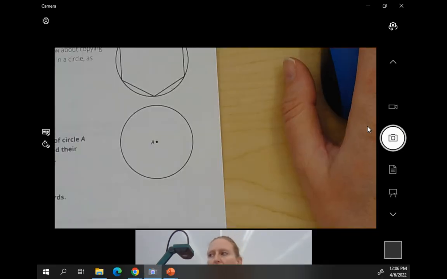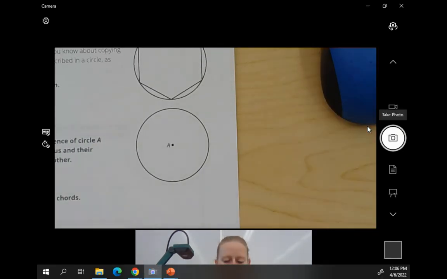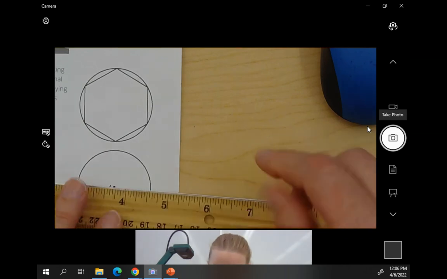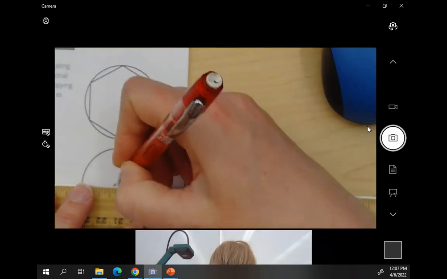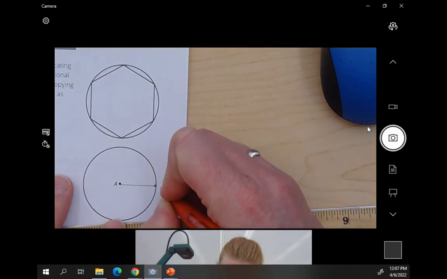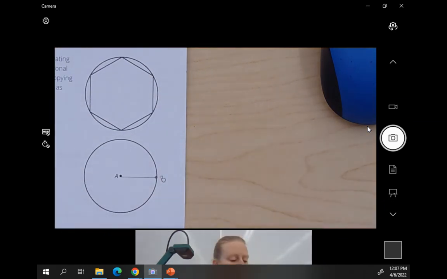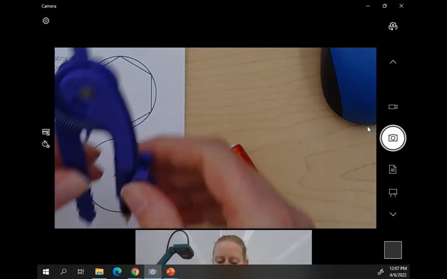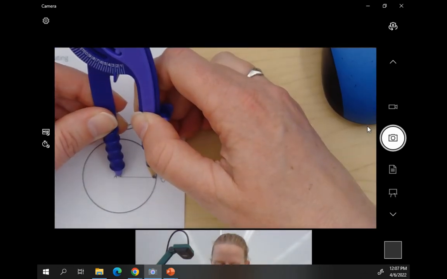So just like in the getting started activity, I'm going to make my radius. You can call this B. You can call this whatever you like. We'll call it B for now. And just like in the getting started activity, I'm going to copy it.